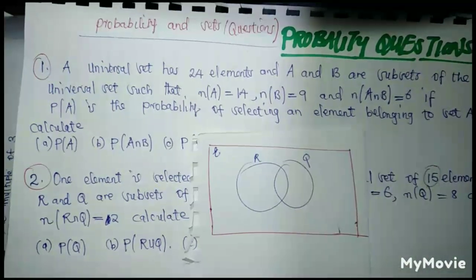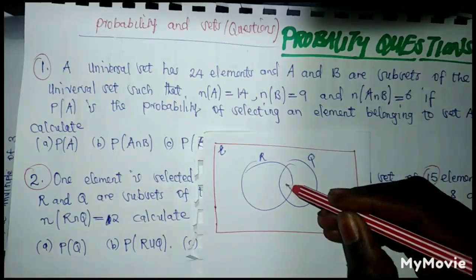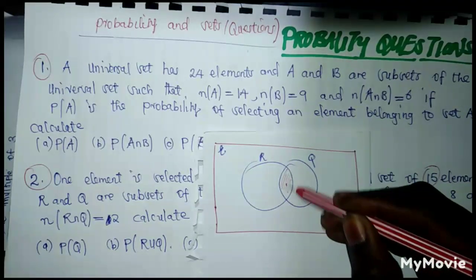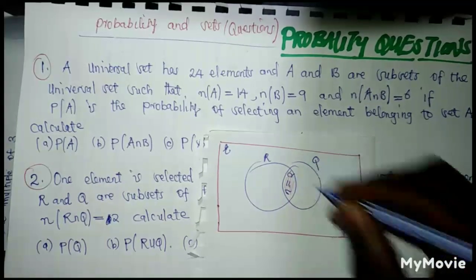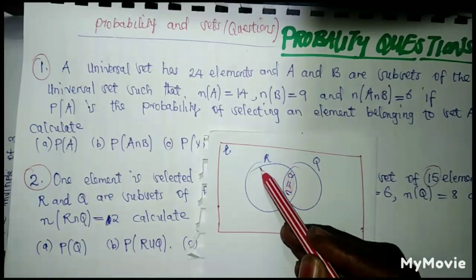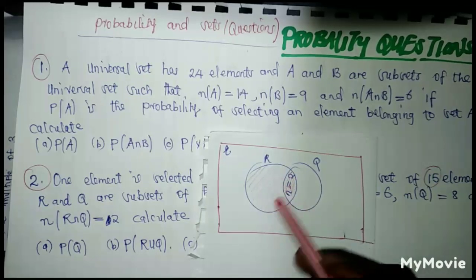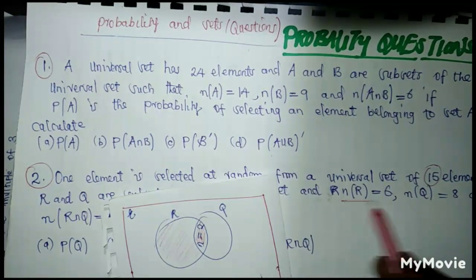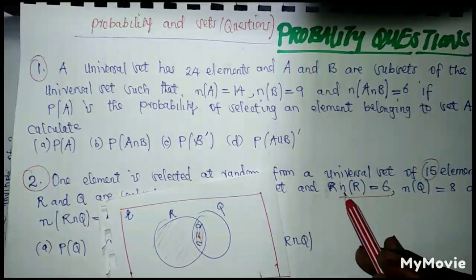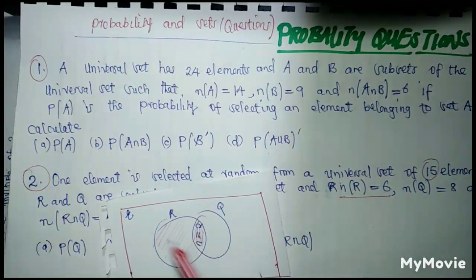But then we are told that the number of elements in this intersection is equal to 2. The number of elements in the whole of R is 6.